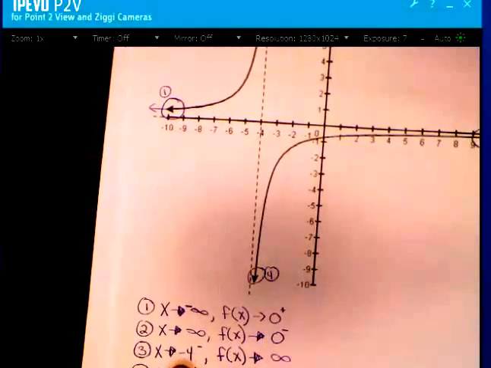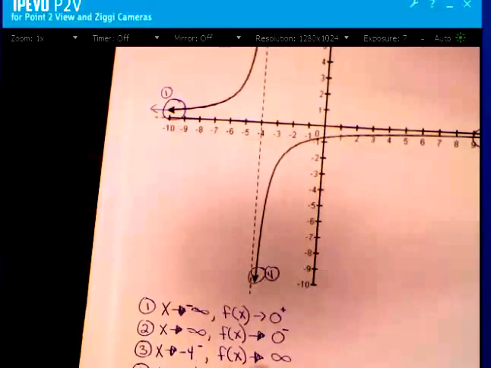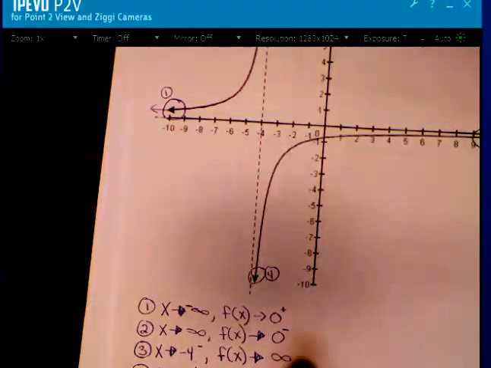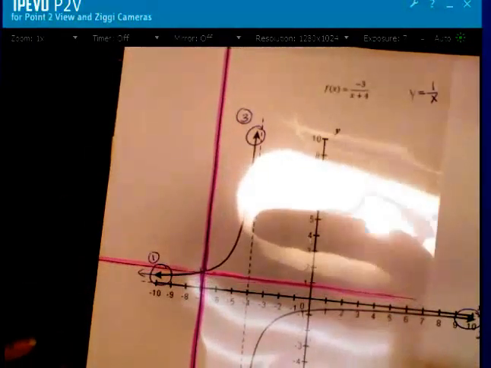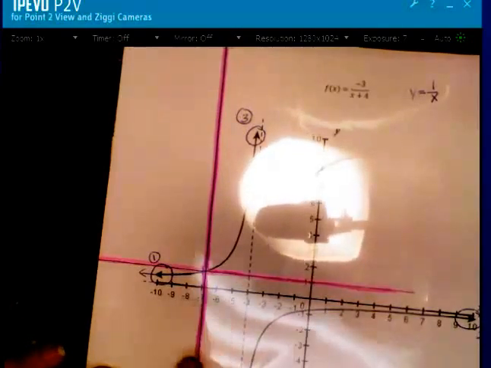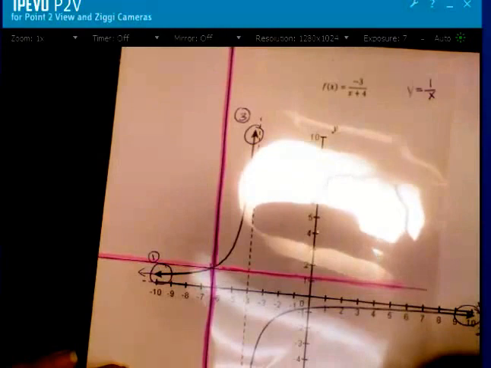Okay, let's talk about end behavior 3. So we said that as x approaches negative 4 from the left, f of x goes to infinity. I'm going to take this purple right here, and we're going to follow it along the function.